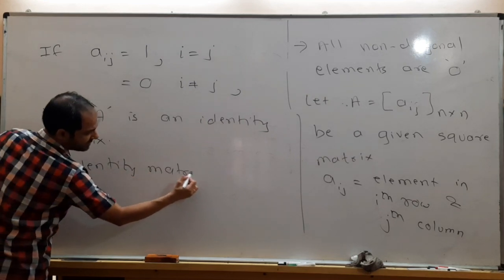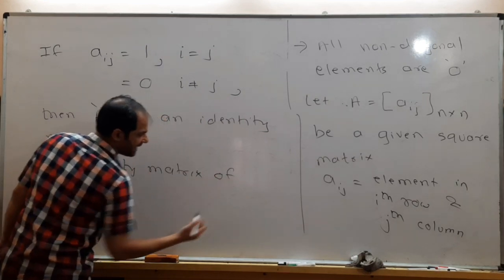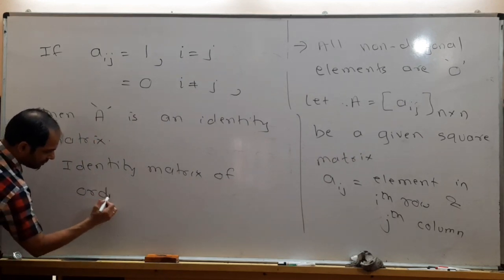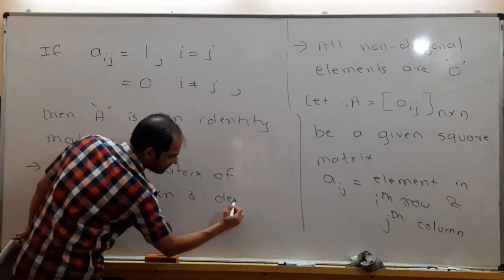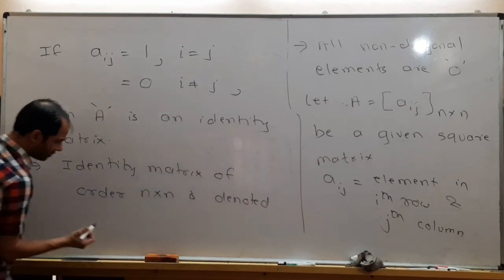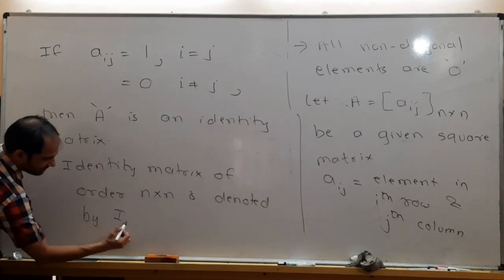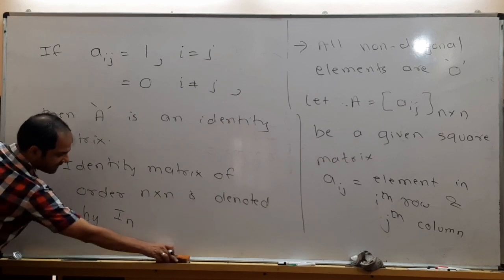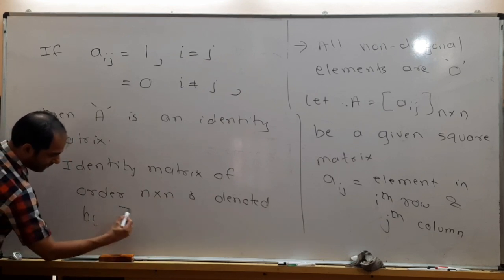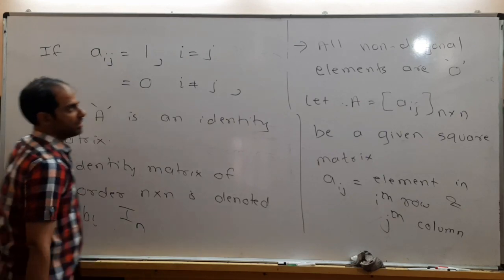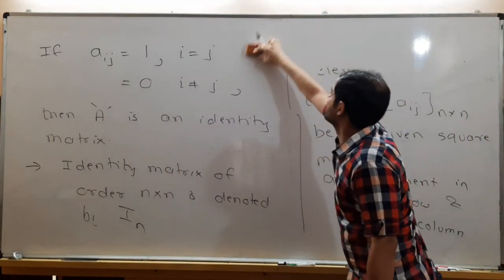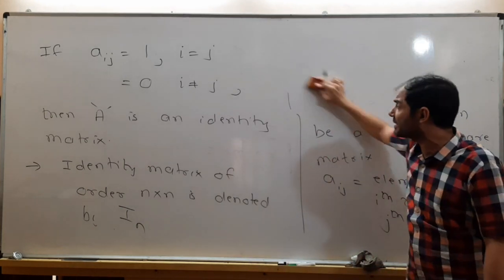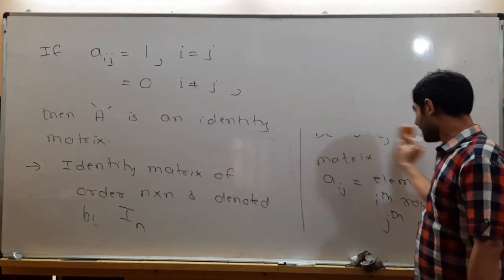Identity matrix of order n cross n is denoted by In. So identity matrix of order n cross n is denoted by In.